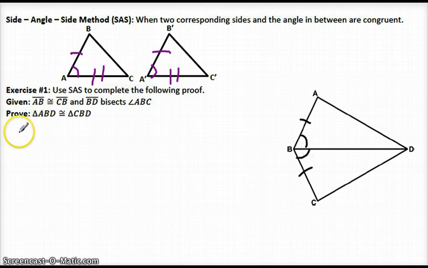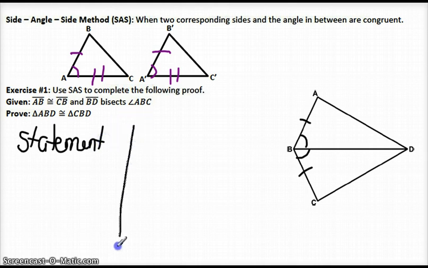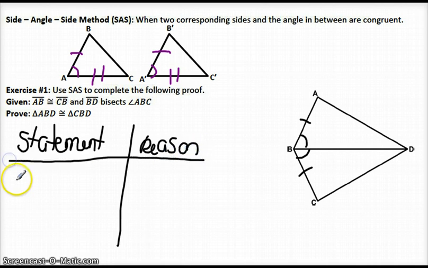And I'm going to set up my statement reason the same way we did in class today. So I would write that in here and write in my statement and reason. So I'm going to make myself my checklist. Whatever I write is my statement, my reason is just my justification along the way.